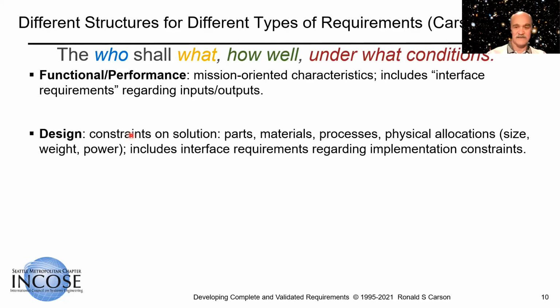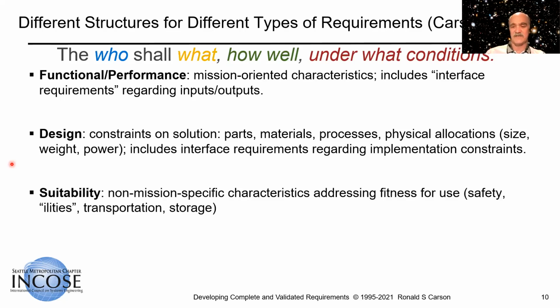Design requirements are what we typically major in, because we love to write design requirements, how to make it. These are constraints on the solution: parts, materials, processes, physical allocations, or standards or constraints on how we're going to implement the interfaces.